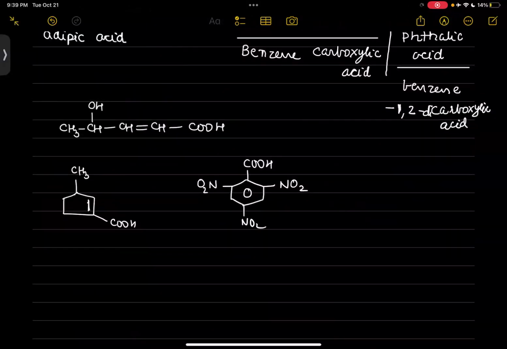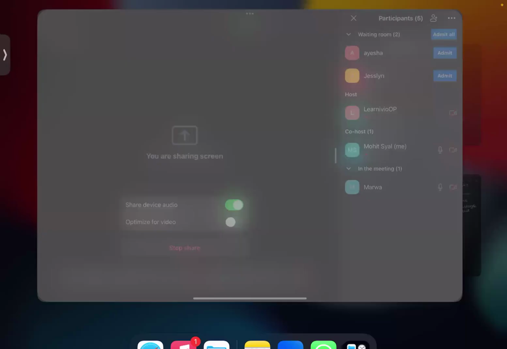What is the IUPAC name of this compound? Marwa, tell me quickly. This is the parent chain.